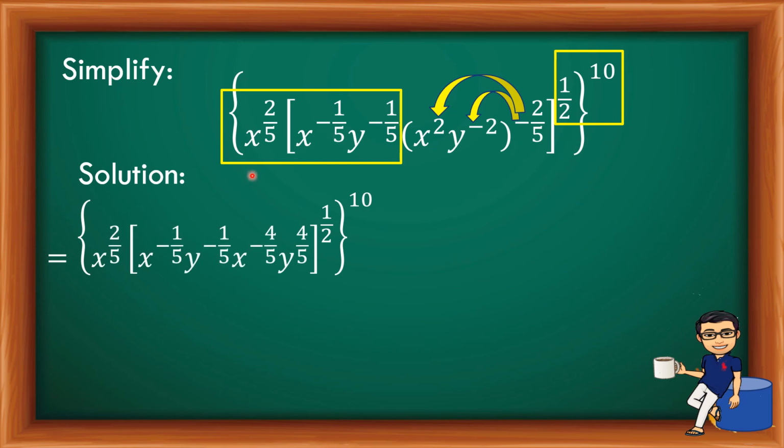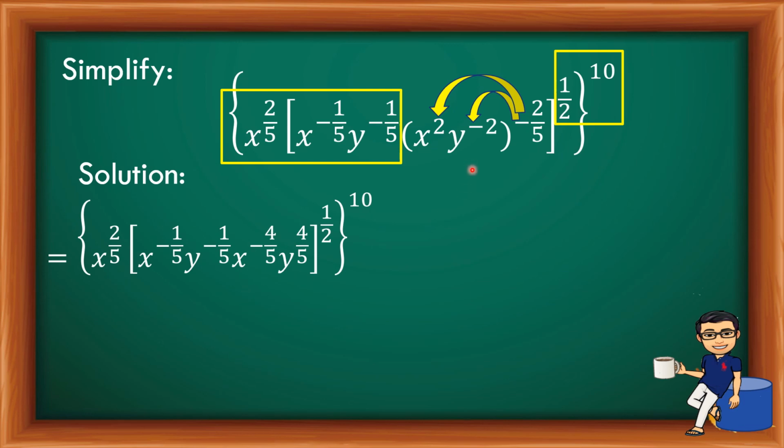So the first thing is to copy x raised to 2/5. We have this. Then copy x raised to negative 1/5. Then y raised to 1/5. We also copy that. Then since we will distribute this 2/5 to the exponent of x, so 2 times negative 2/5, so 2 times negative 2 is negative 4/5. So it becomes x raised to negative 4/5.